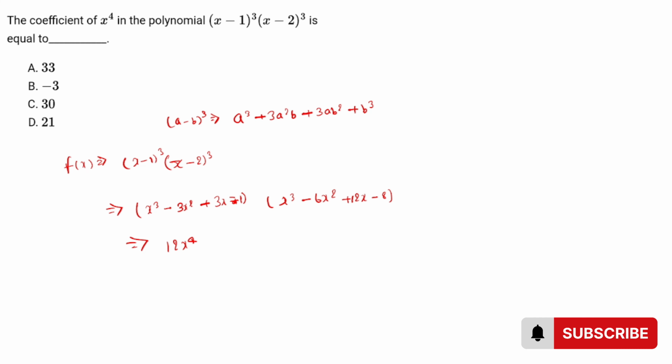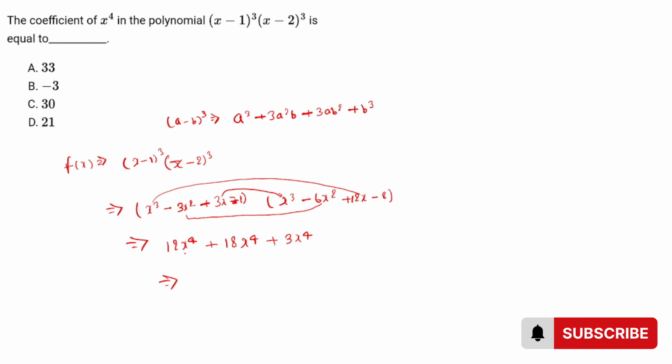Similarly, minus 3x squared multiplied with minus 6x squared gives plus 18x to the power 4. And 3x multiplied with x cube gives 3x to the power 4. We multiply like this because we only need the coefficient of x to the power 4.